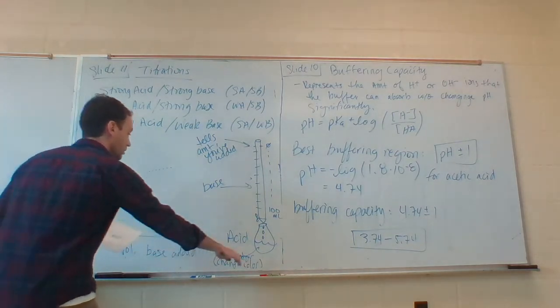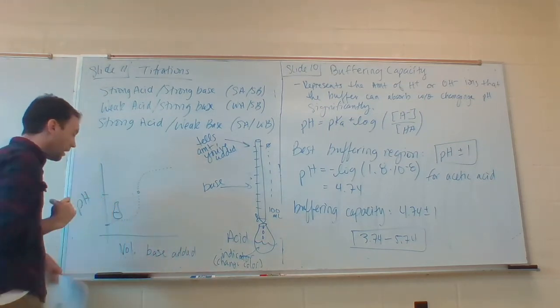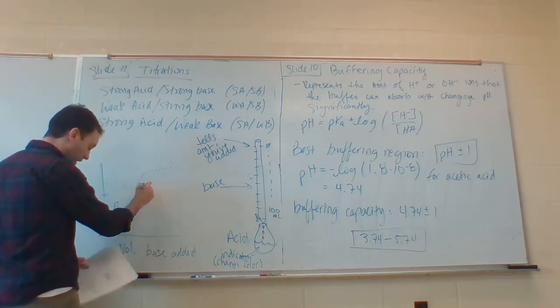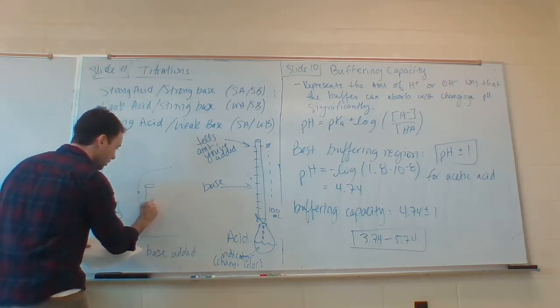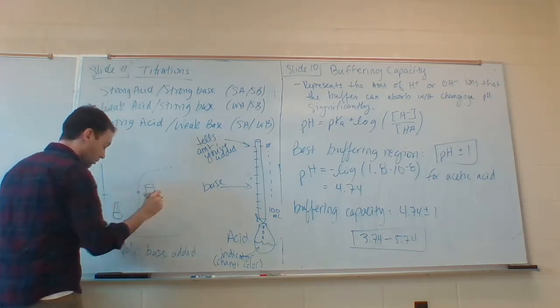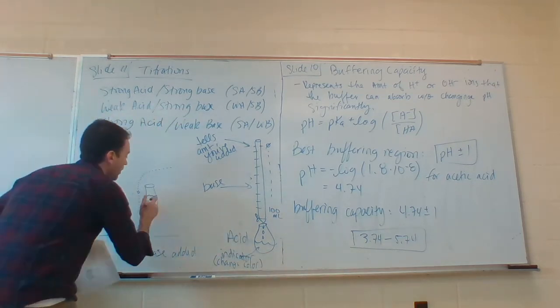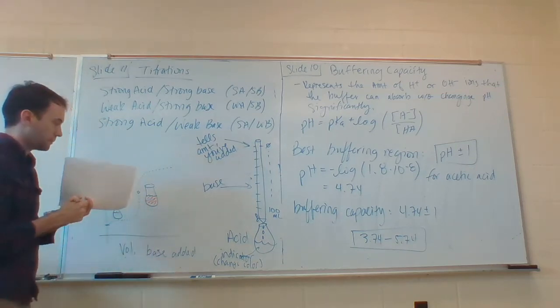And so, if our flask at the beginning started out with a clear solution, the more that we've added, once we reach our equivalence point, it will be a very faint pink, okay?